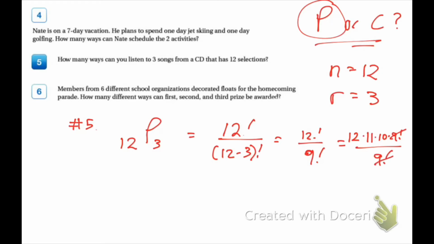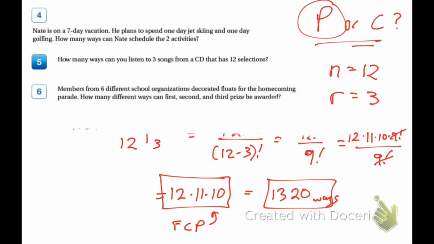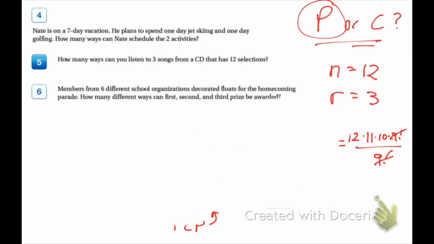Those cancel each other out, and I'm left with 12 times 11 times 10, which gives you 1,320 ways. Now again, notice that this is the fundamental counting principle. So if you use the fundamental counting principle on that one, that's totally okay. Number 6.